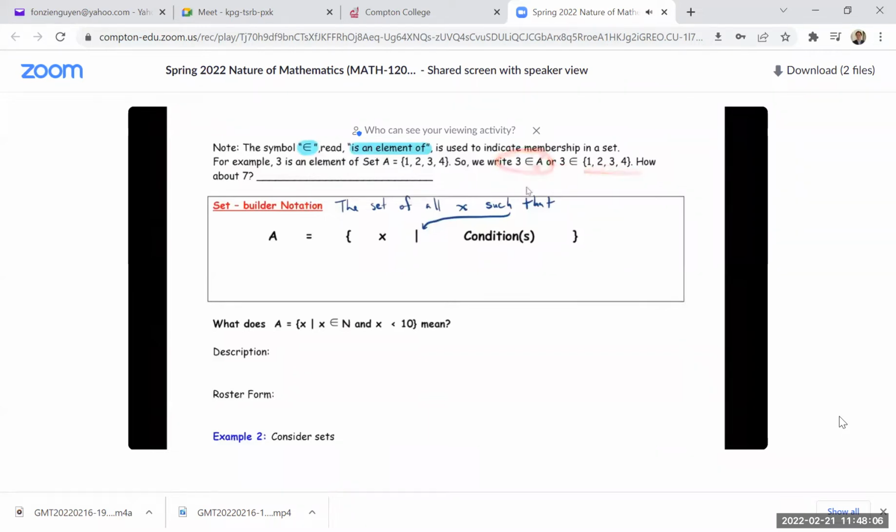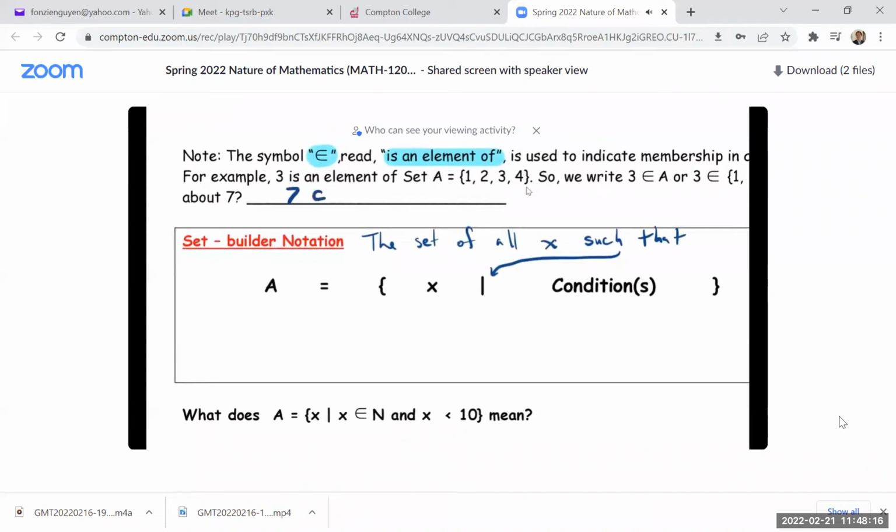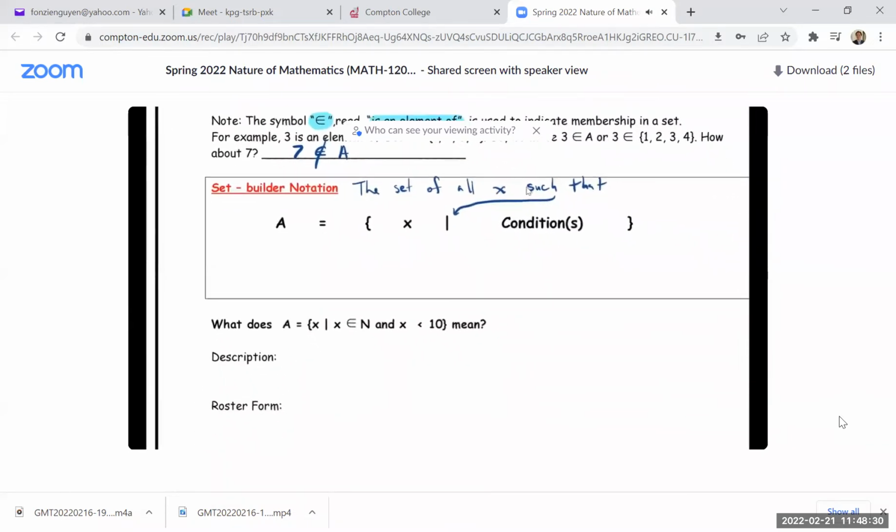How about 7? Do you think 7 is an element of the set A or no? No. So you would say 7 is not an element of A. You just put a slash through the e, and that means not an element of.